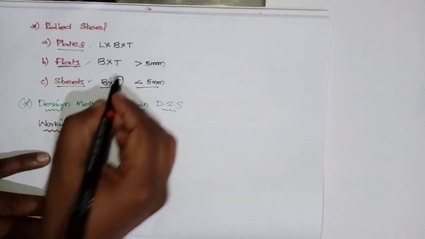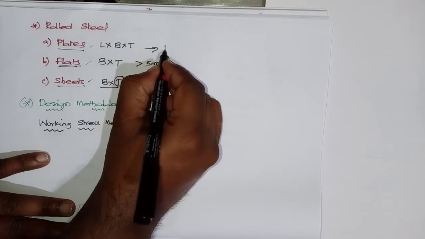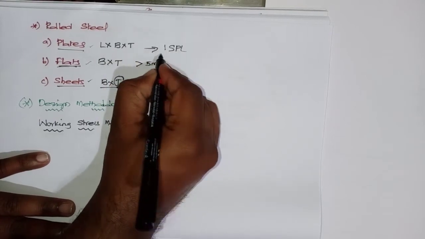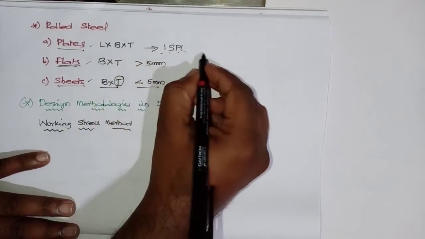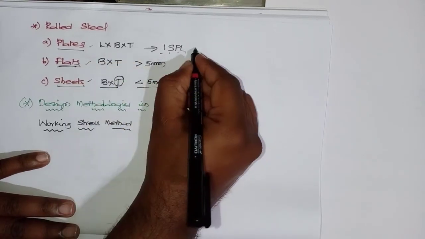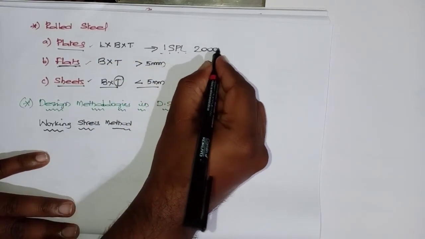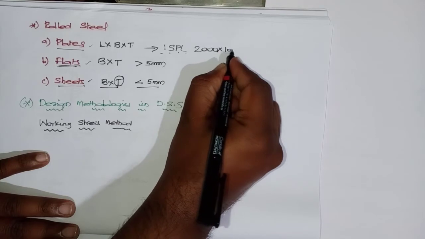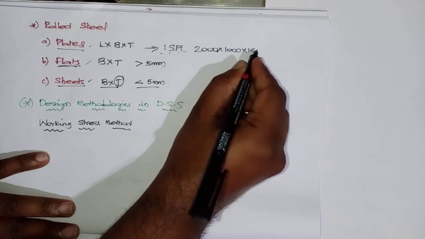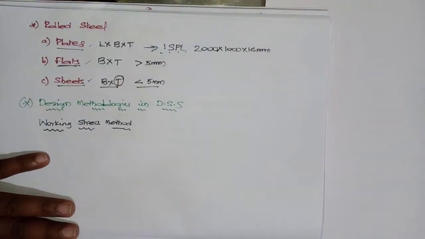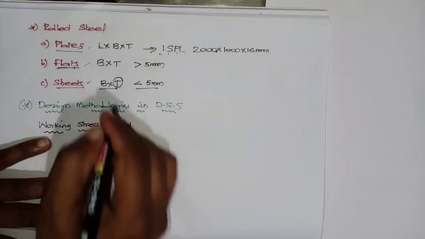Okay, so how are they designated? ISPL, Indian Standard Plate, of length, width, depth. Suppose for example length of 2000, width of 1000 and thickness is 16 mm, like that. And a flat means what?